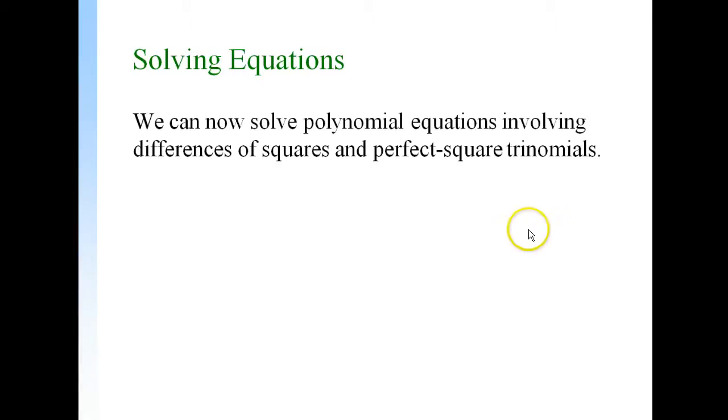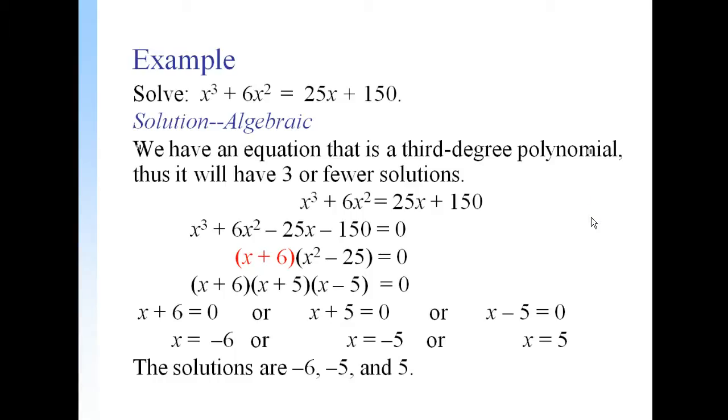Now, they're going to ask us to solve some equations in which we have a polynomial that's either the difference of perfect squares or perfect square trinomials. Now, notice if they give us this particular example, in order to solve it algebraically, we have to put it in standard form, and we did this one already.